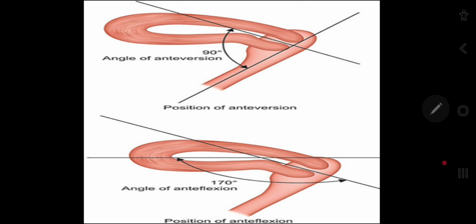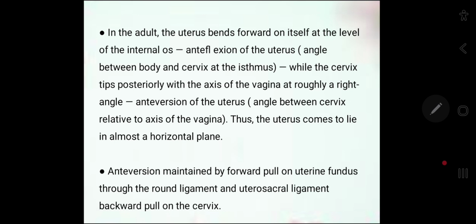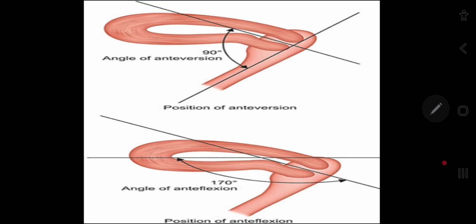As an end result, it provides the normal position of the uterus in the pelvis as anteverted anteflexed, which explains the horizontal plane of the uterus. This position is maintained by forward pull on the uterine fundus by the round ligament and backward pull on the cervix by the uterosacral ligament. There are other varieties of position, such as retroversion and retroflexion, which represent abnormal positions.